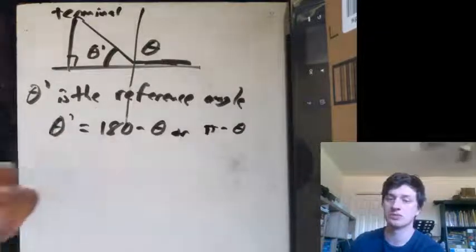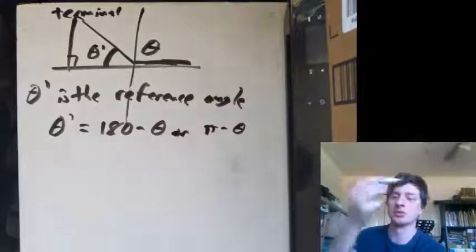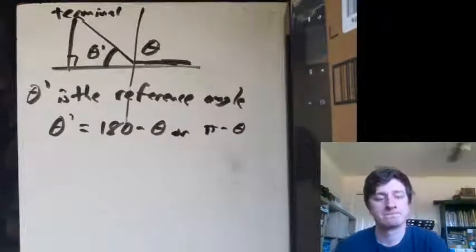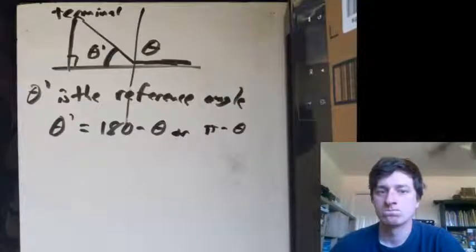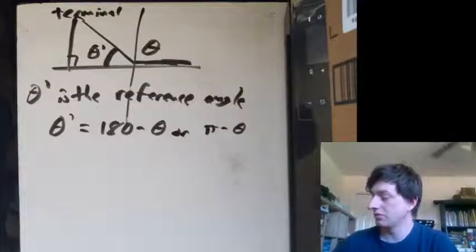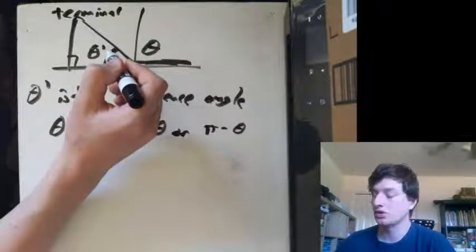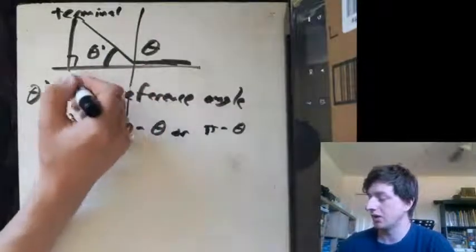Remember, radians just measure the distance around the outside of the circle. Okay? So this would be the reference angle if it was in quadrant 2. If it's in quadrant 3, it's going to also match to this thing.